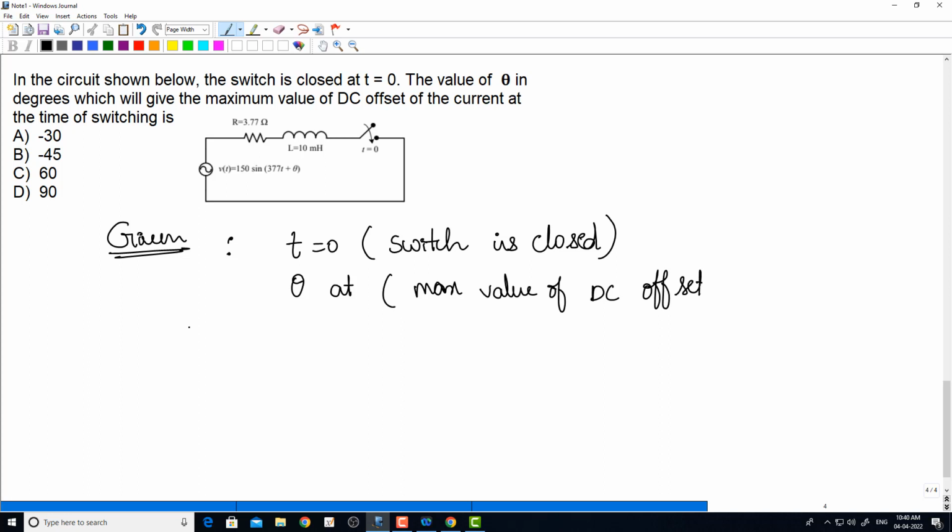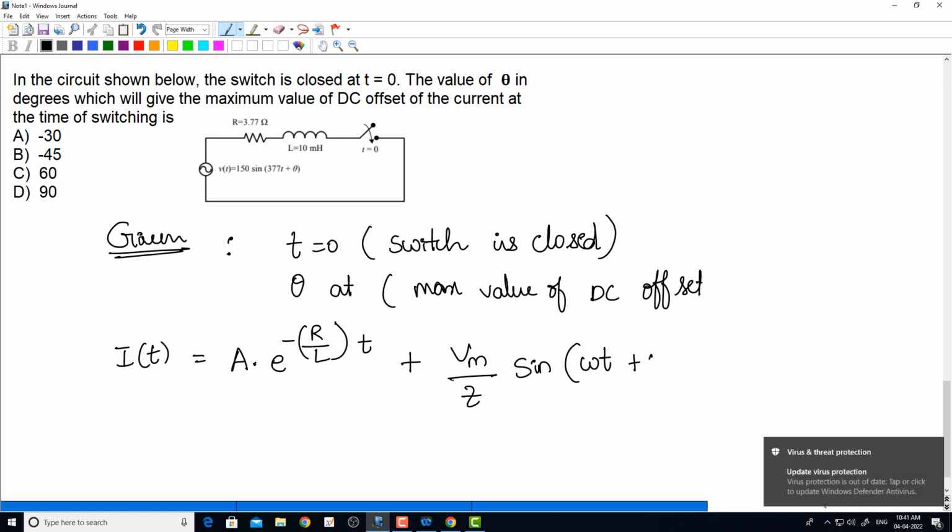And we know that current drawn by the circuit I of t is equal to A into e to the power of minus R by L into t plus Vm by Z into sin omega t plus theta minus phi.